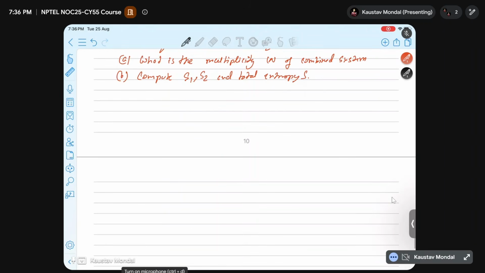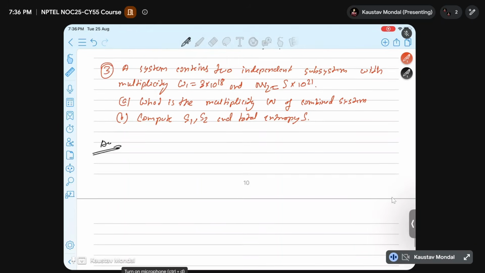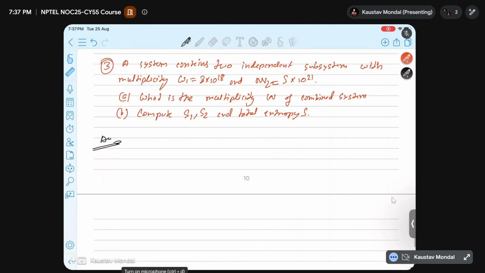Okay, answer. So yeah, the system has two independent subsystems, and each of those two systems has a different multiplicity. So multiplicity means number of states that are available there. Okay, number of possible states that can be associated with that particular subsystem.